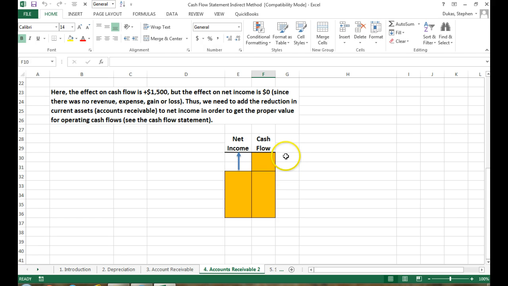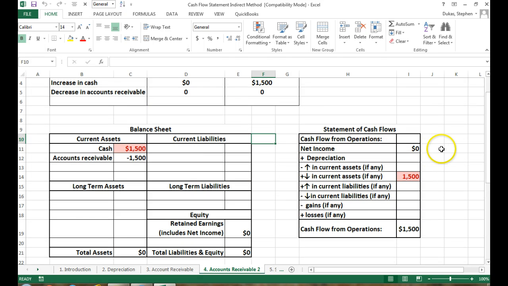Cash flow has increased, and so therefore we must add the decrease in current assets, in this case accounts receivable, to make net income and cash flow equal. On the cash flow statement, net income is 0, cash flow is a positive 1,500. That positive 1,500 came from those accounts receivable being paid off. So we have to add the decrease in current assets to get our true cash flow from operations.